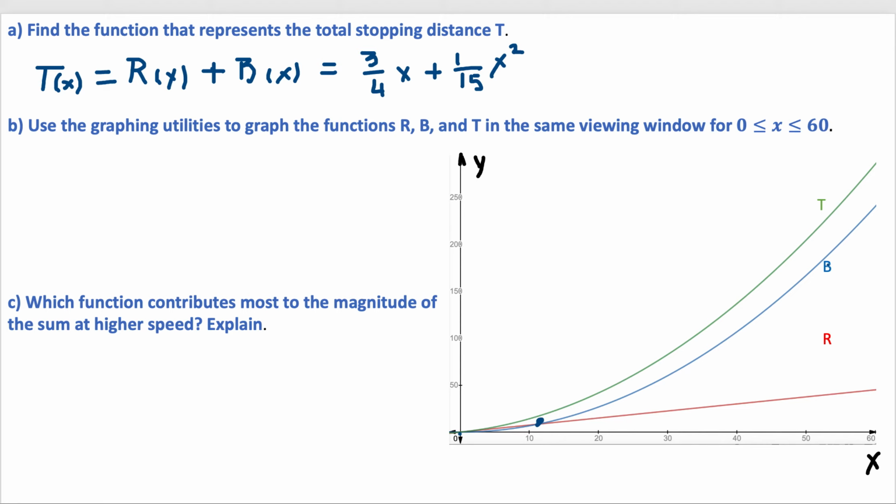So if we take the window from 0 to 60, the greater contribution is given by the driver's braking, B of x, which is greater than R of x, the reaction time of the driver. So the driver's braking is greater than the reaction time of the driver.